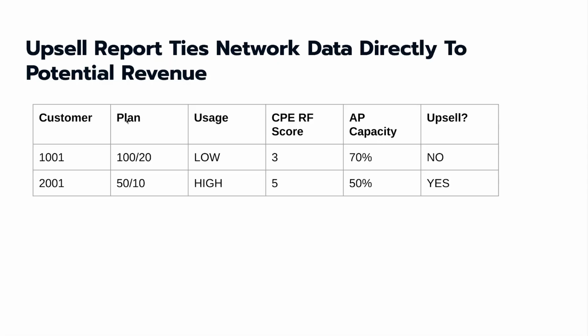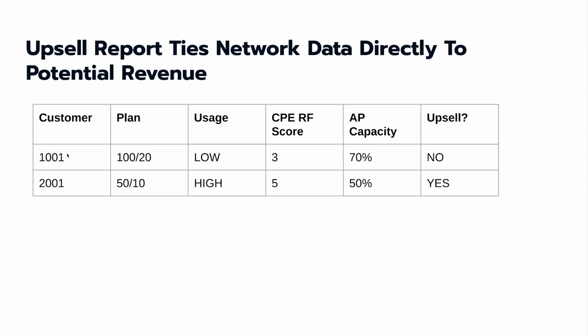So our logic here, once we've got this populated with the plan data from our billing system and these other attributes from our network, is we're going to go through each customer and come up with some score, which the result is upsell no or upsell yes, based on some thresholds that we'll set for this data.